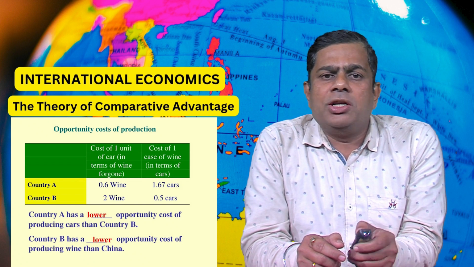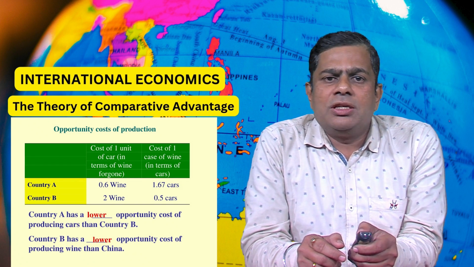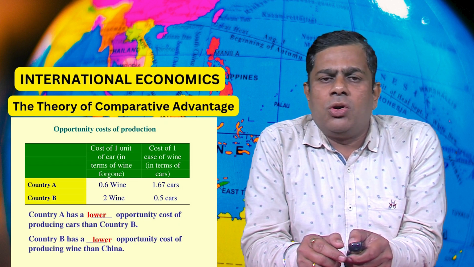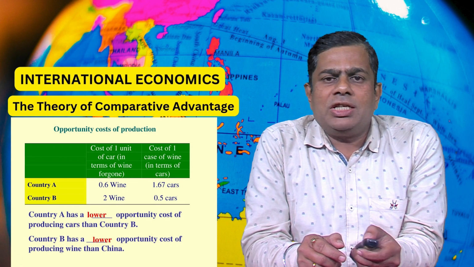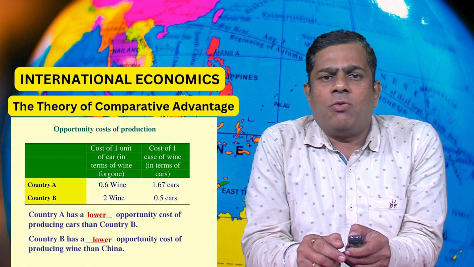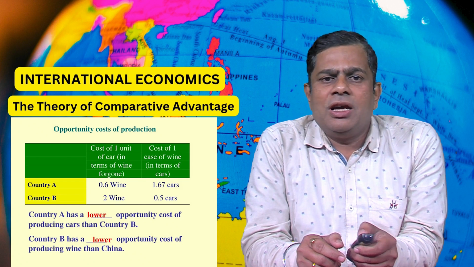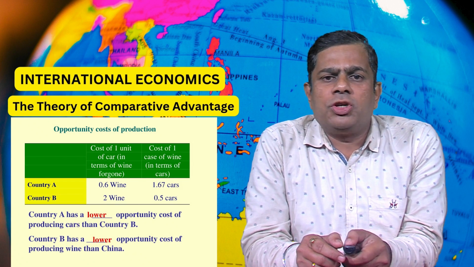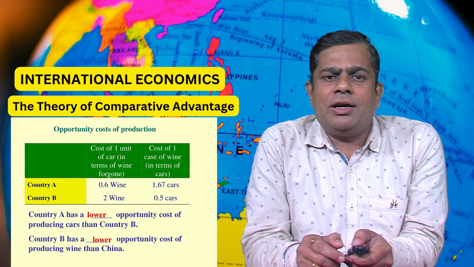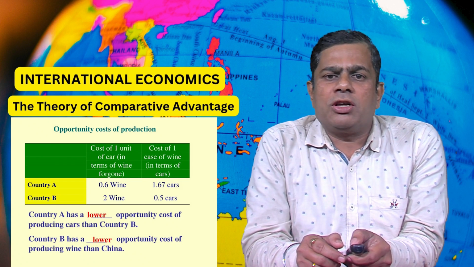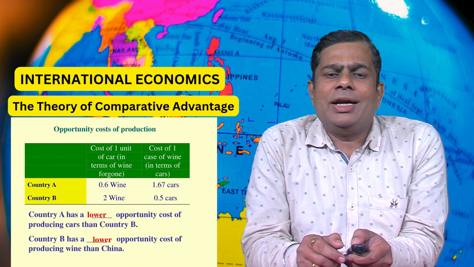Similarly, in country B, the cost of 1 unit of car in terms of wine foregone is 2 wine. And the cost of 1 unit of wine in terms of car is 0.5 car. That is, country A has a lower opportunity cost of producing cars than country B, and country B has a lower opportunity cost of producing wine than country A.